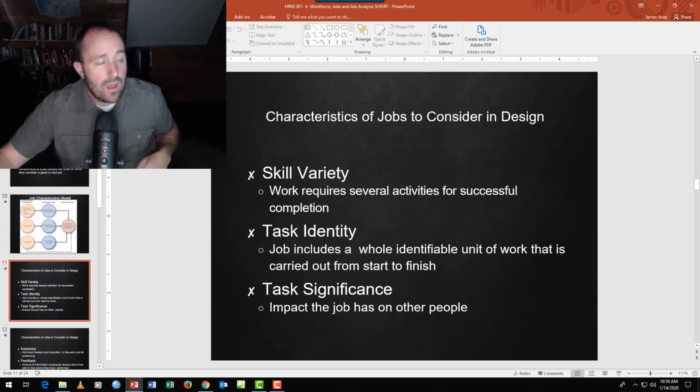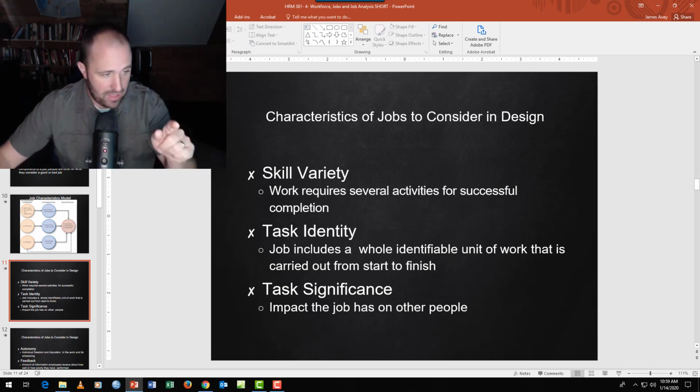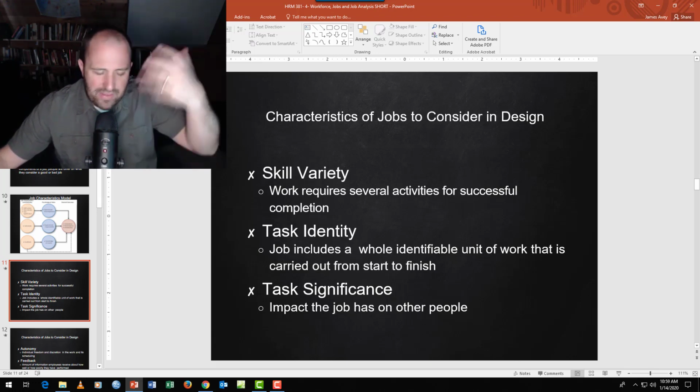Skill variety. If you have a job that has high skill variety, the work would require several activities for successful completion. It's not the Henry Ford assembly line, where I put that spoke on that wheel, and that's what I do for 15 hours a day, for 6 days a week. Now, that would be very low skill variety. High skill variety, I think of like a welder.